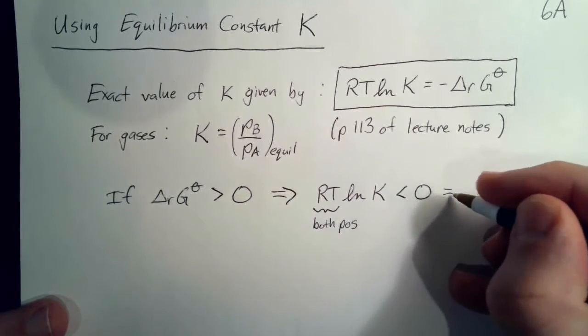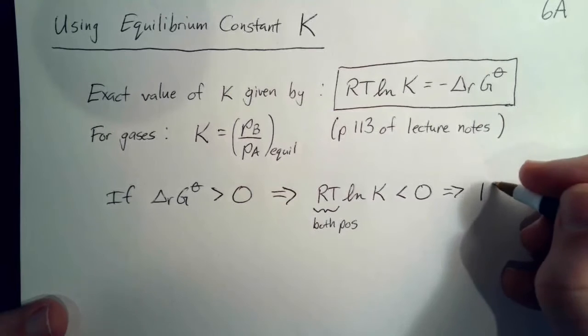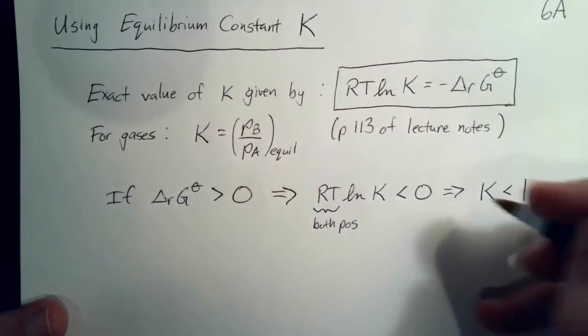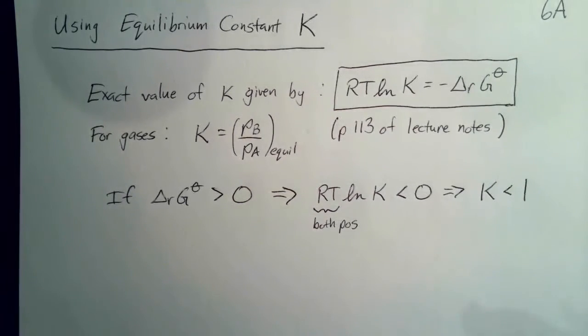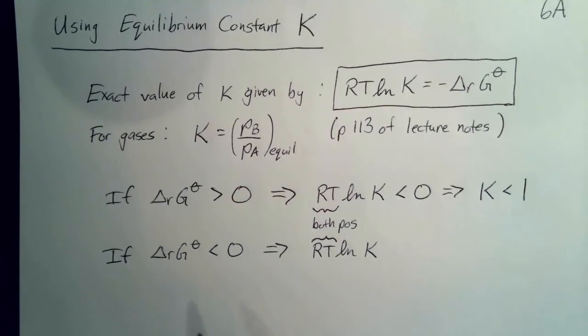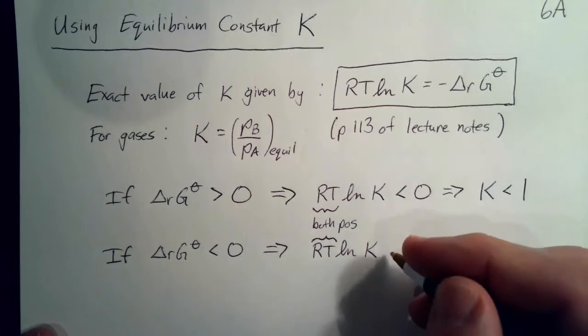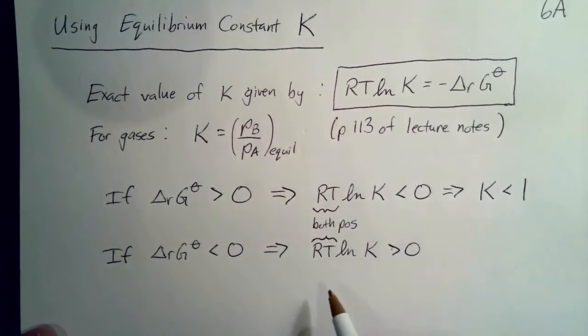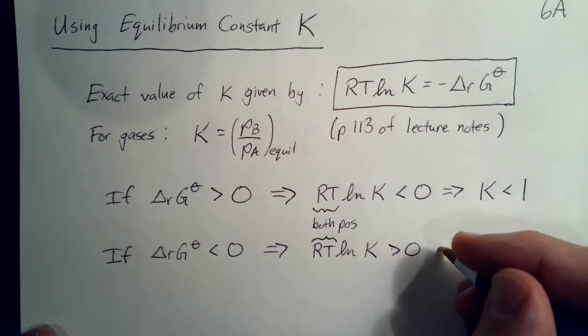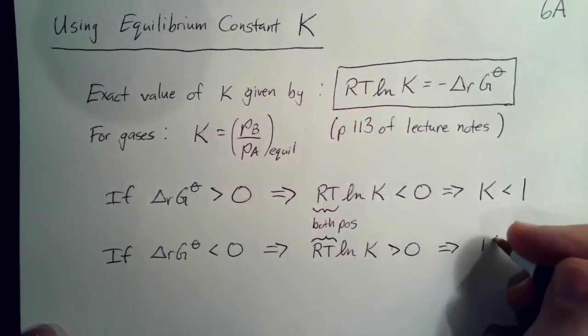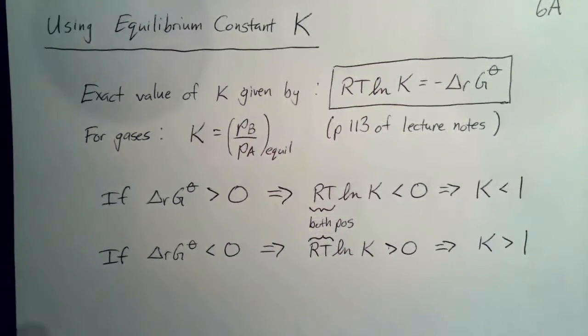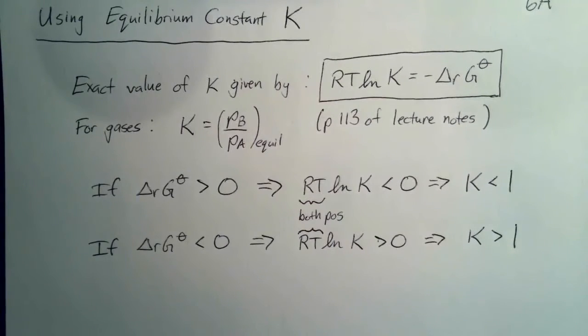Therefore, this implies that K must be less than 1, because that would give us a negative natural log. Conversely, if the reaction Gibbs energy is negative, then RT ln K must be positive. And these numbers are always positive, and so that means the ln K must also be positive, which would imply that K must be greater than 1.